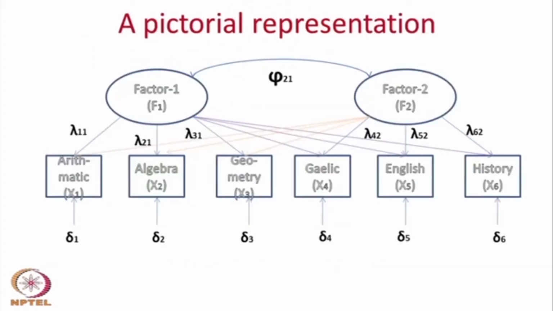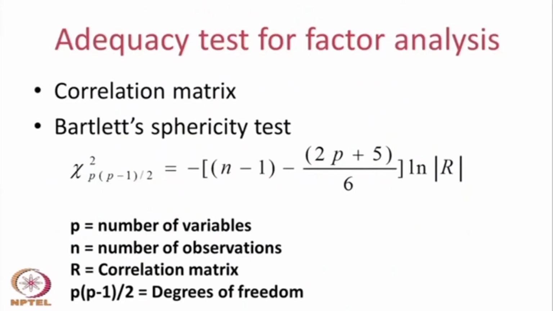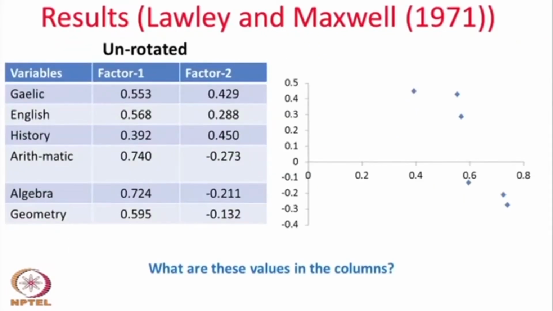Under this condition, if we want to see the plot of these factor loadings, what will we see? Factor 1 and factor 2 are the 2 axes. Now, Gaelic is 0.553 and 0.429, so 0.553 is somewhere here and 0.429 somewhere here.